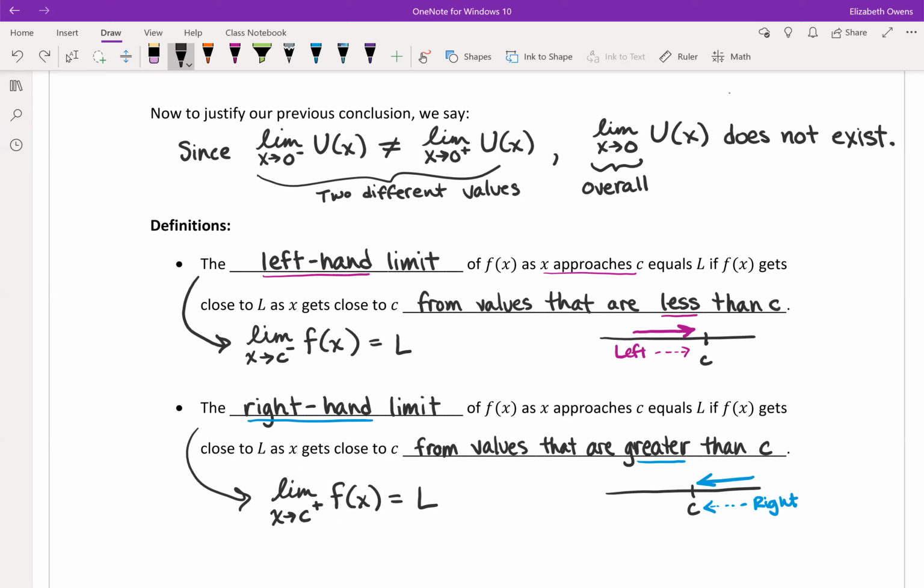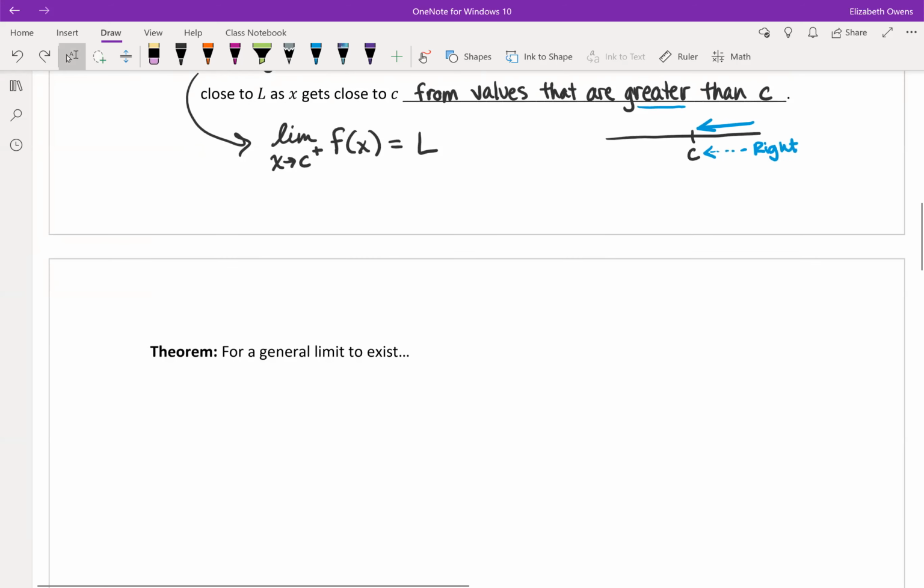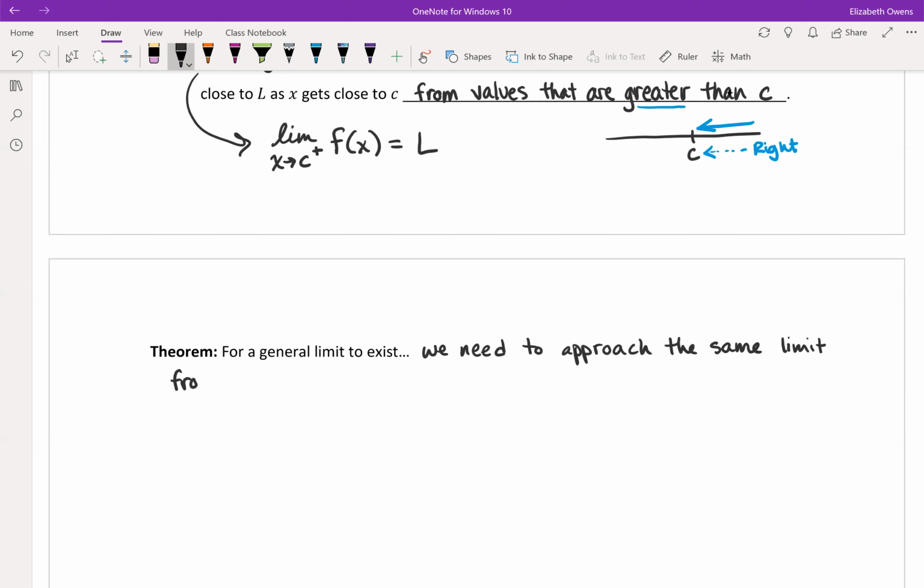Okay, so we have another theorem that goes with these definitions that also reflects back to what we saw with the unit step function. And this theorem says for a general limit to exist, we need to approach the same limit from both directions.